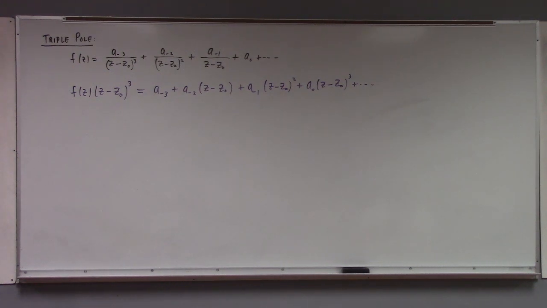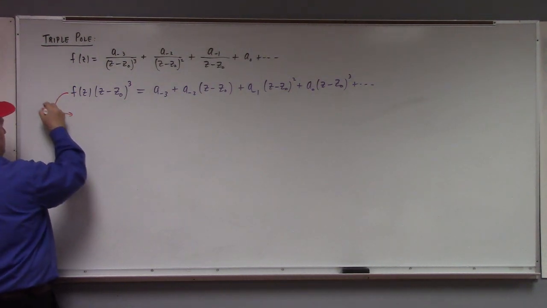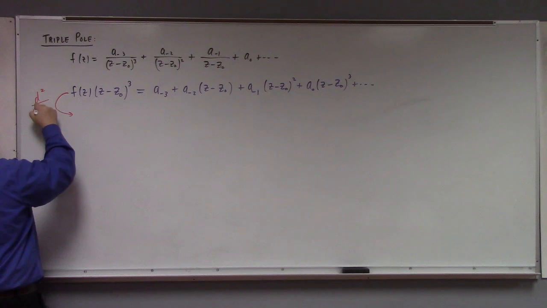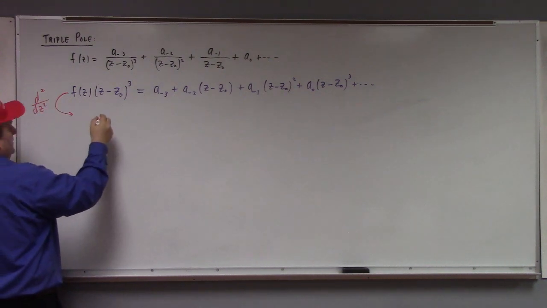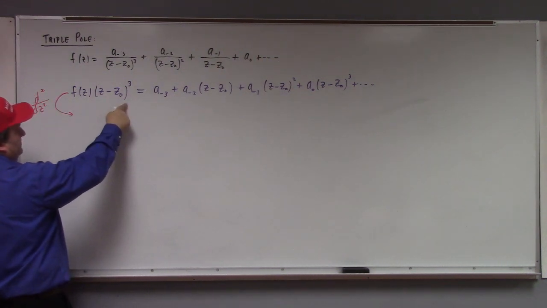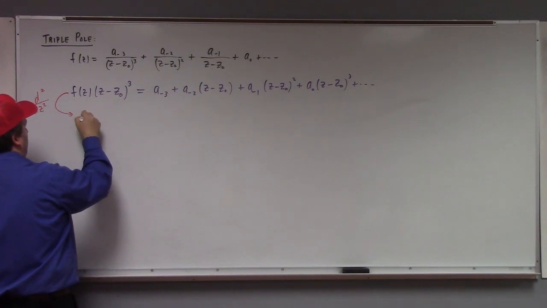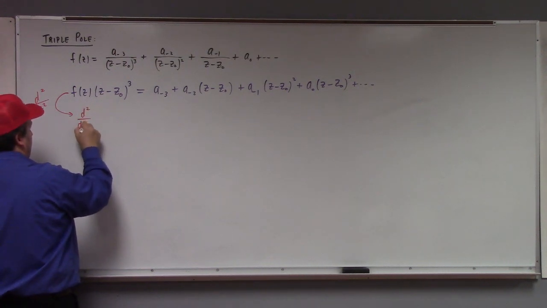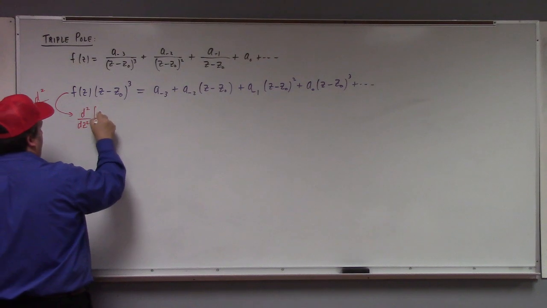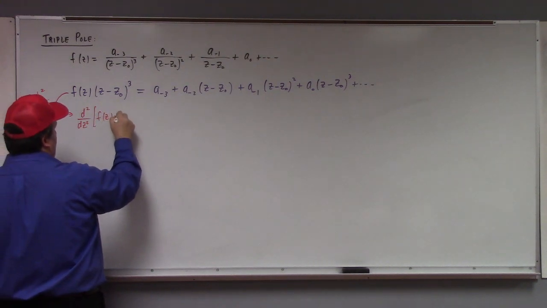So instead of differentiating once, let's differentiate 2 times. I'm going to do 2 steps at once, I hope that's okay with you guys. I'm just going to take d squared dz squared to get from here to here. On this side, I'll just write it out symbolically, d squared dz squared of f of z times z minus z naught cubed.